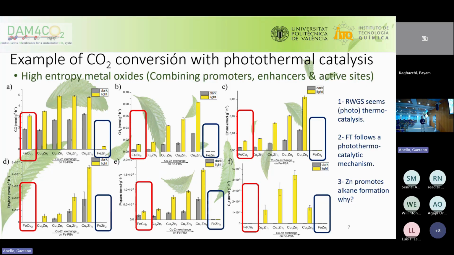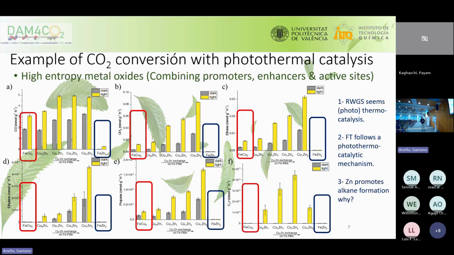And what you can see here in the red squares and blue squares is just the pure metal oxides, let's say copper and iron, or zinc and iron. Then you can see in between the samples that are made of the 3 metals.